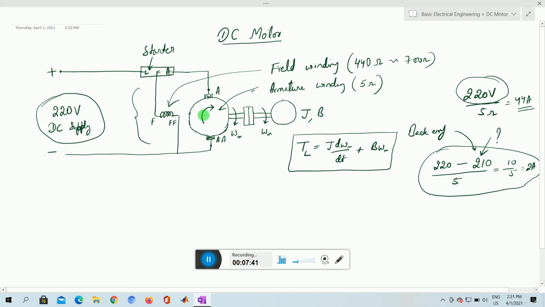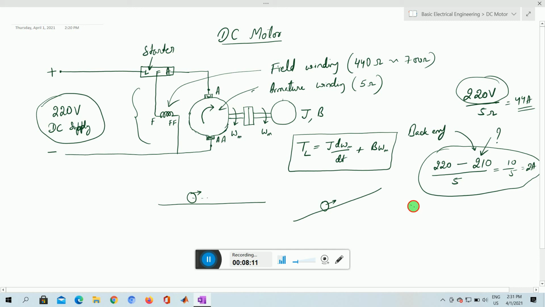Unless the motor is active, like the motor is going on a straight line, then it will attain a speed near the rated speed or less than the rated speed. If it is going uphill, in that case also it may attain the rated speed or less than the rated speed.